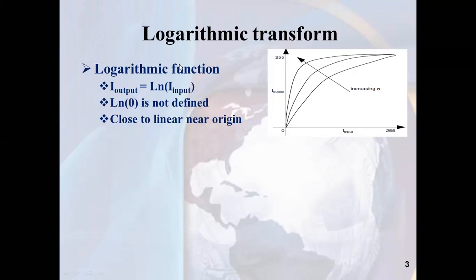Okay, let's start with logarithmic functions. As you know, the logarithmic function is I output equals ln of I input. Since ln of 0 is not defined, especially near 0, which is the black color, instead of using ln I input, we can use ln(1 + I input) in order to prevent obtaining ln 0, which would be minus infinity.